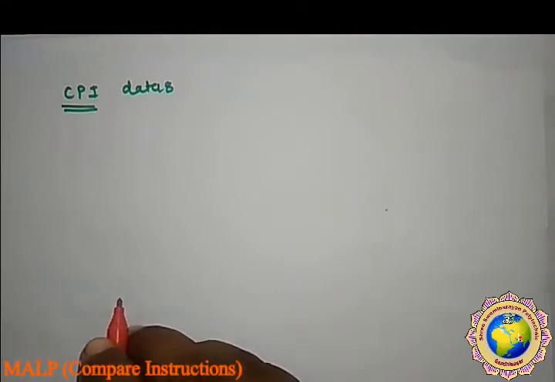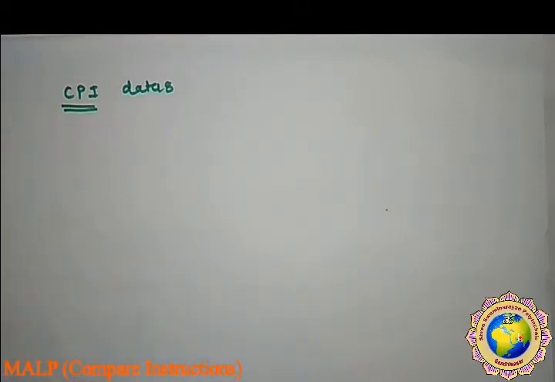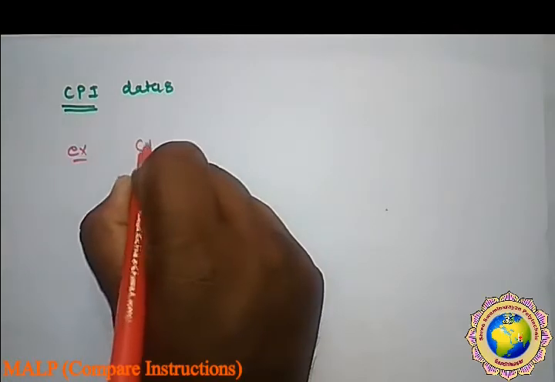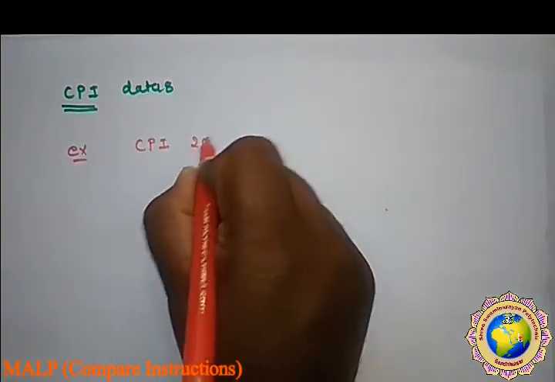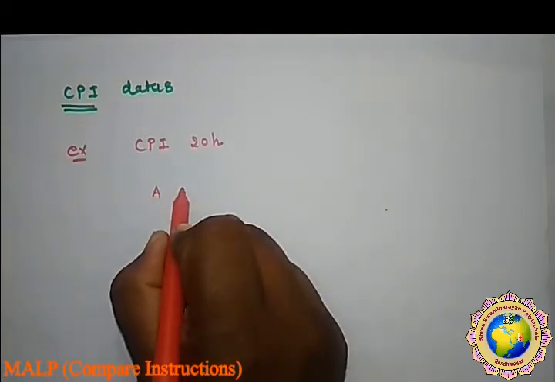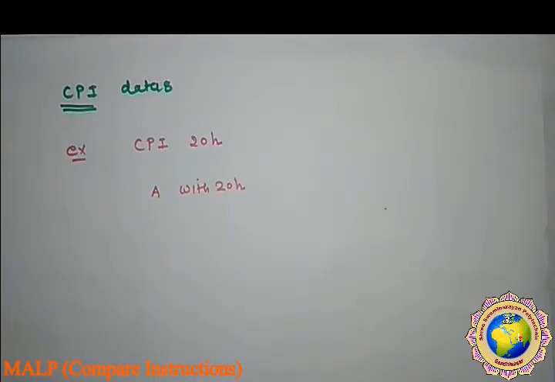But for the comparison of the accumulator with 8-bit data, we directly use the CPI instruction. Same example: CPI 20H. Now it compares A with 20H.